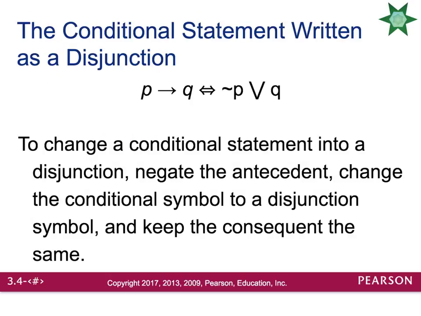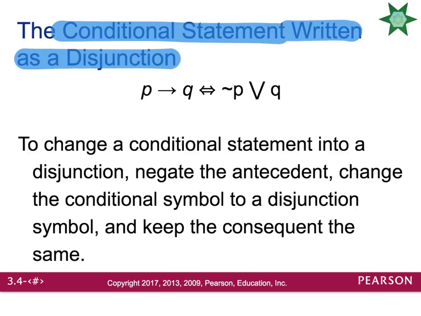We can also take our conditional statement, our if-then, and write it as a disjunction, or an or. What we can say is that if P then Q is the same as saying either not P or Q. Let's think in words again about the exam statement we talked about.